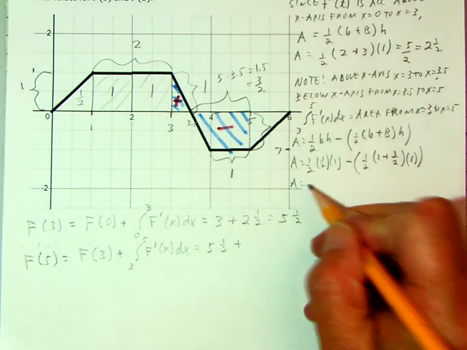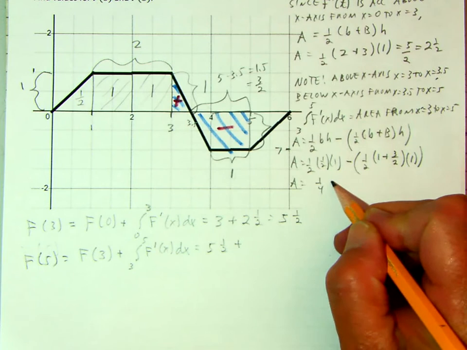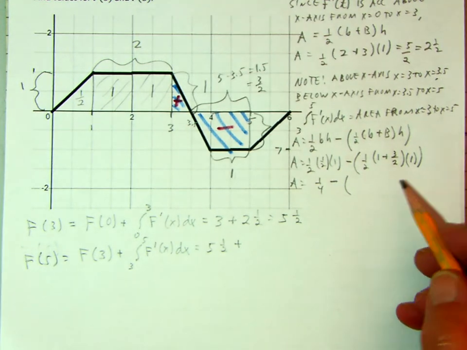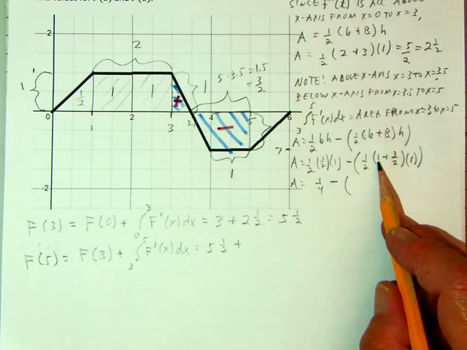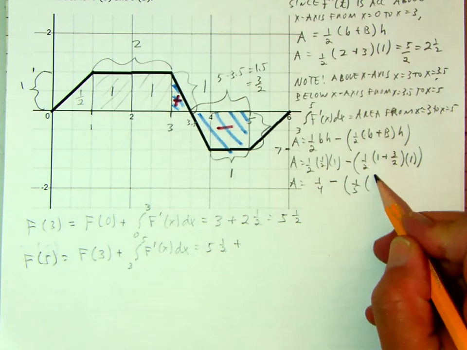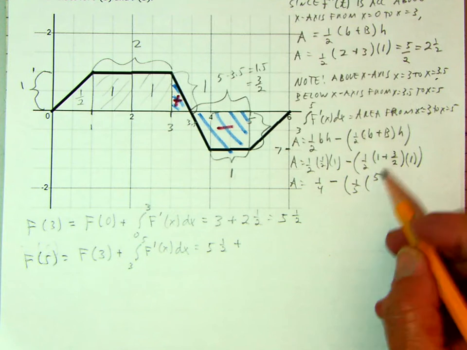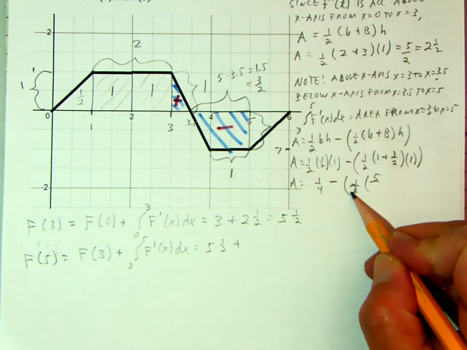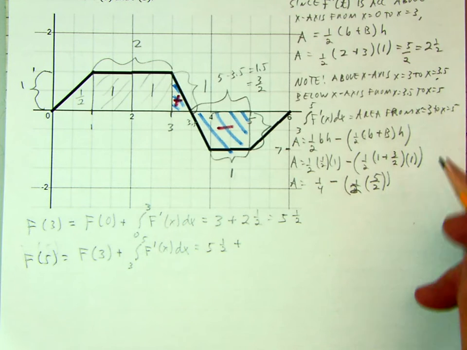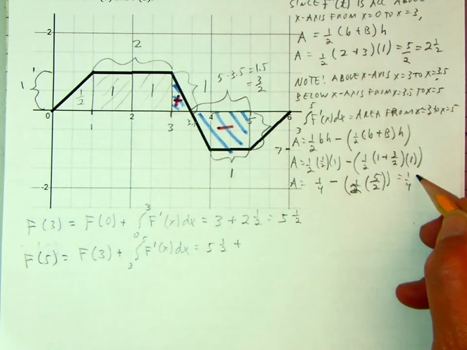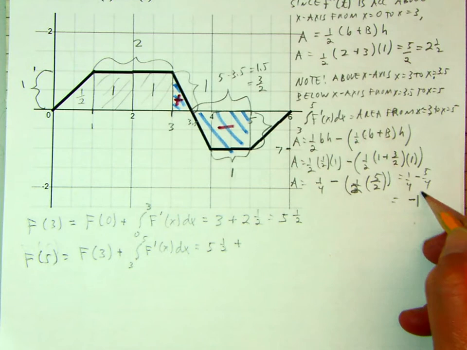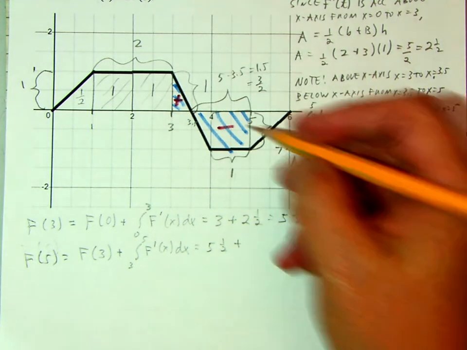So the area is 1/4 minus 1/2 times 1, 5/2, equals 1/4 minus 5/4 equals -1, as predicted.